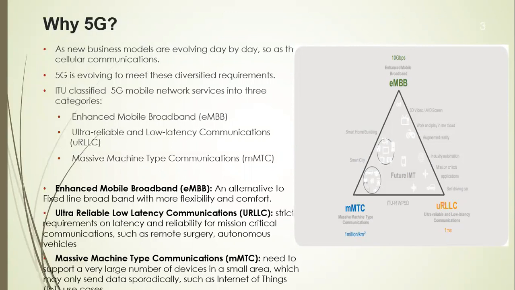The second major service category in 5G is ultra reliable and low latency communications. These services require a highly reliable wireless connection between the communicating devices, and the connection should have very low latency.